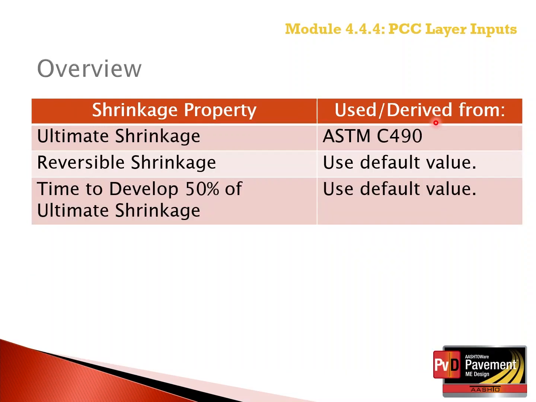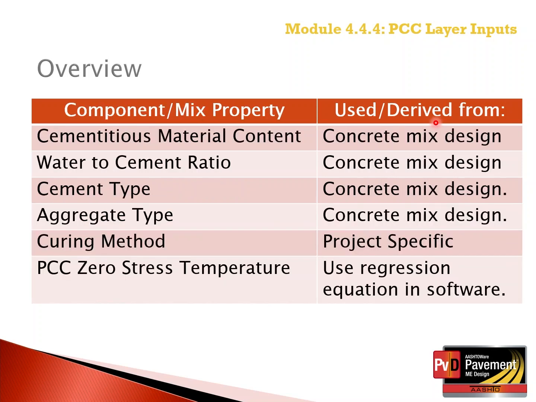In summary, the defaults and or test procedures used to measure or estimate the shrinkage properties are listed on this slide. The test procedures are listed in Table 10-4 in the MEPDG Manual of Practice.